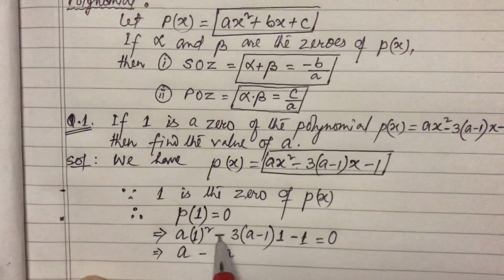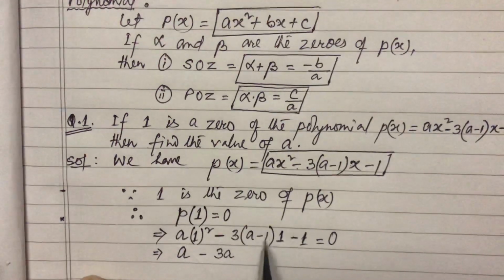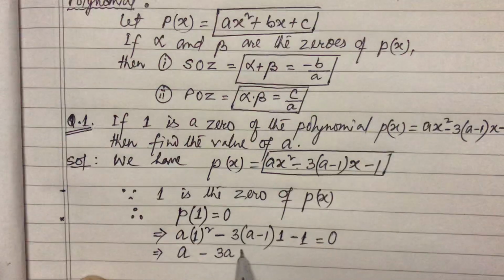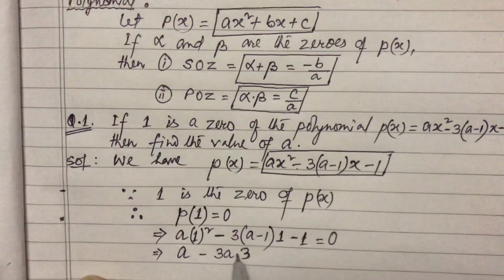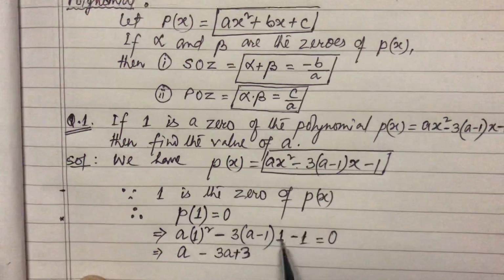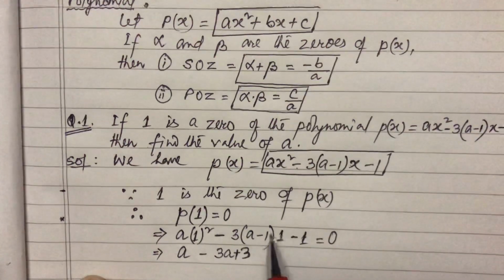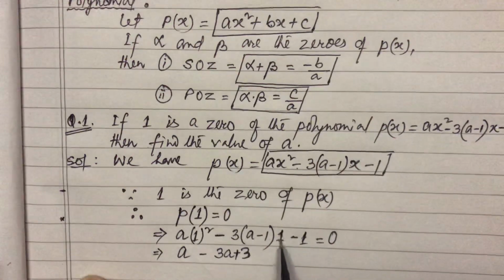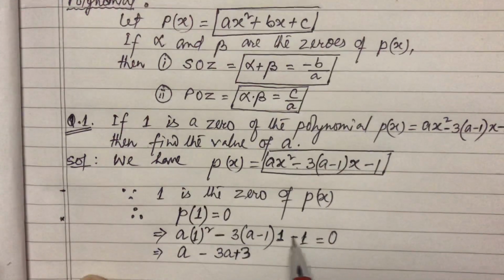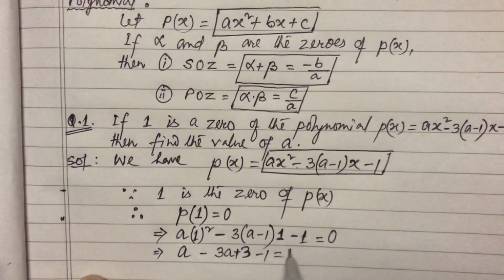It's 3a with minus 3 into 1. It will be 3. This minus and minus will make plus here. And since this 1 is multiplying with this term, this will make no change here. So finally minus 1 equal to 0.